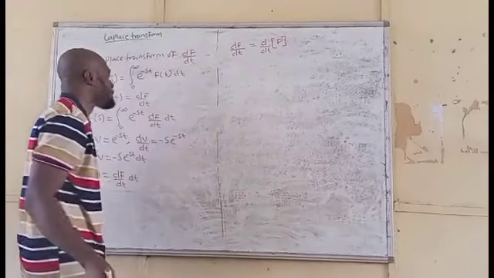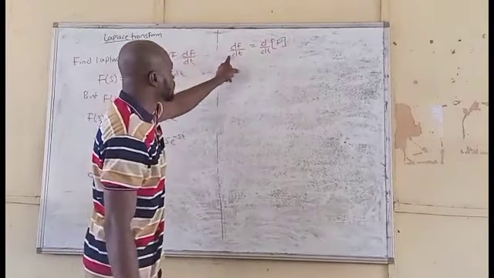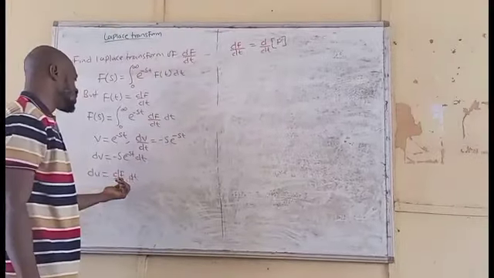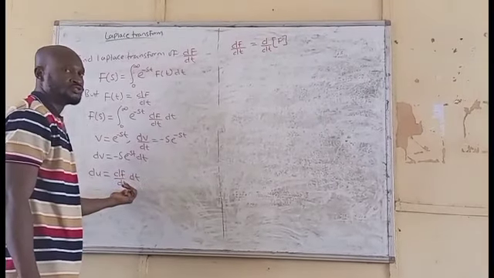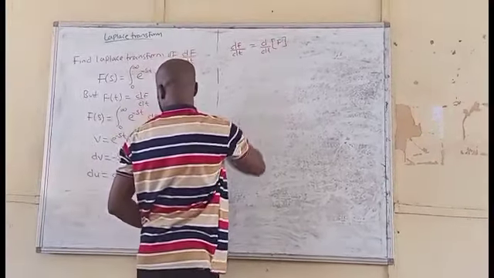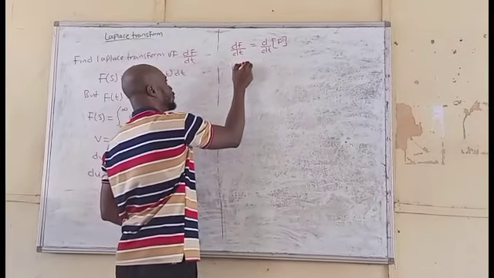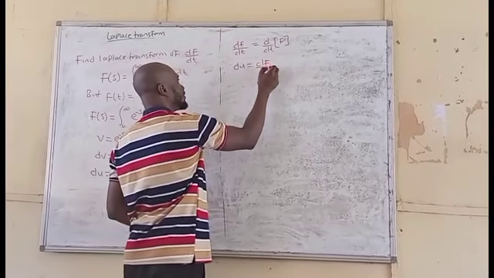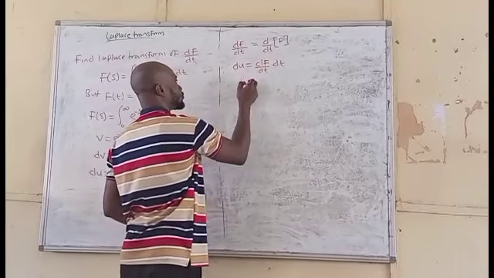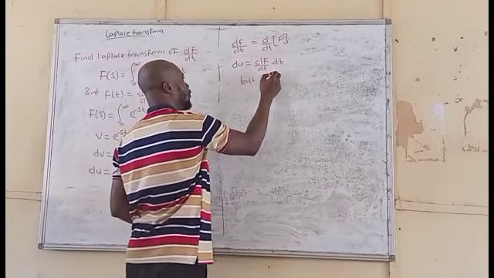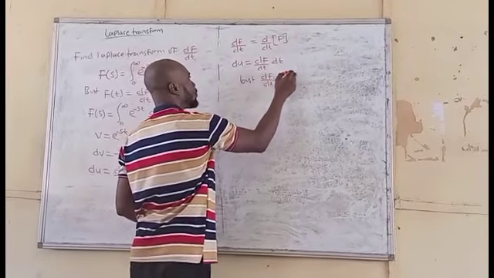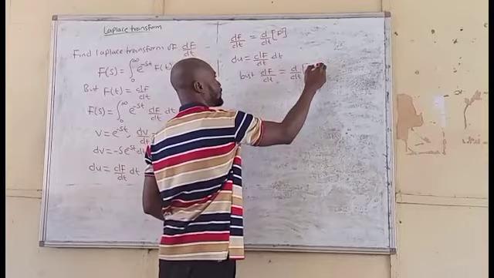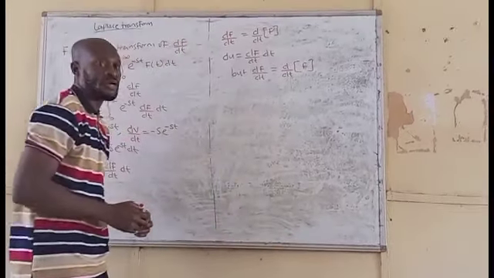So now I want to use this value. I want to substitute the df over dt from what I get here into the equation for du to get my du. So I'll substitute this here, knowing that du is equal to df over dt times dt. But df over dt is equal to d over dt into f.